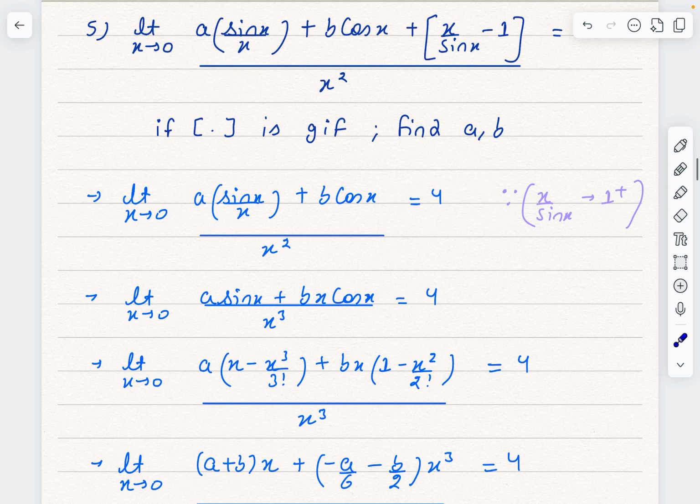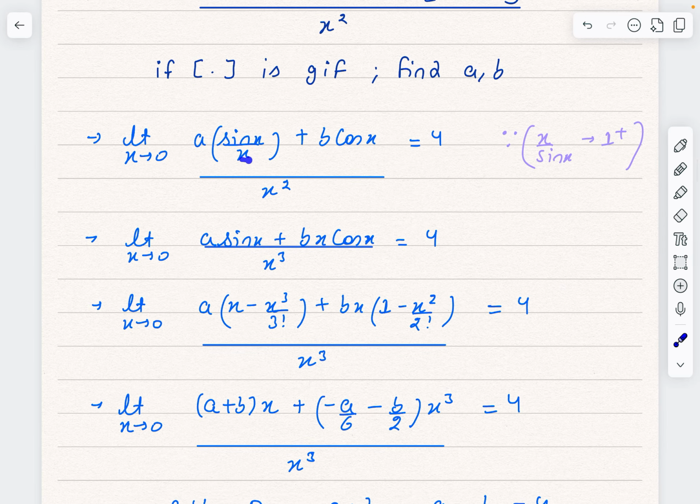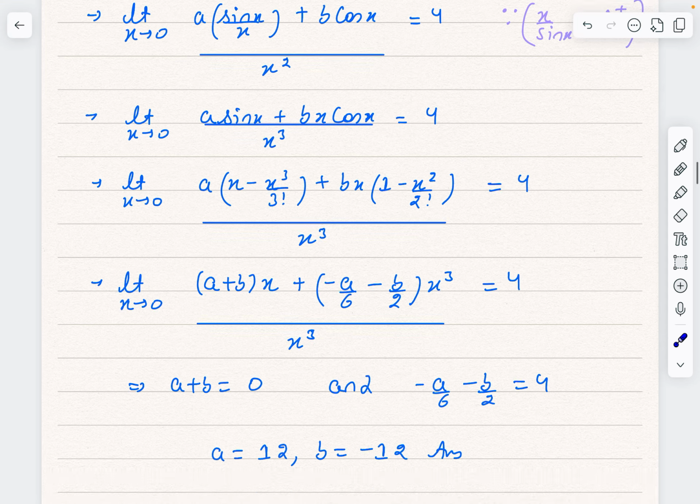Now, what is the best way to solve this kind of problem? Use expansions. First take LCM, we get a sin x plus bx cos x by x cube. And as you have x cube in the denominator, expand everything up to x cube only. So you get a times x minus x cube by 3 factorial for sin x, bx outside, cos x 1 minus x square by 2 factorial, divided by x cube equal to 4.